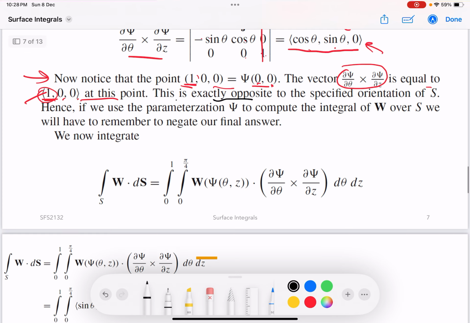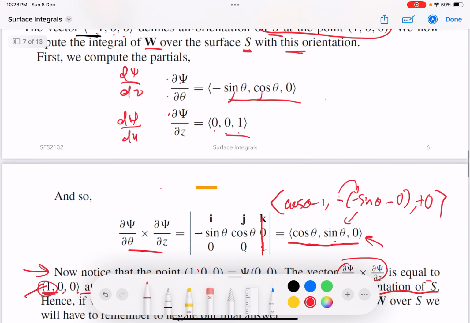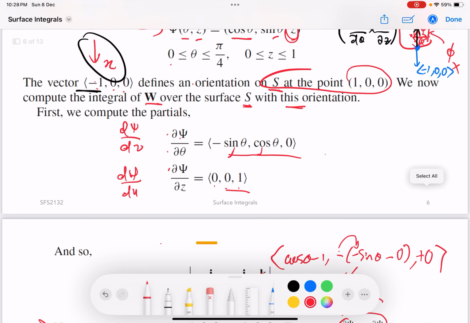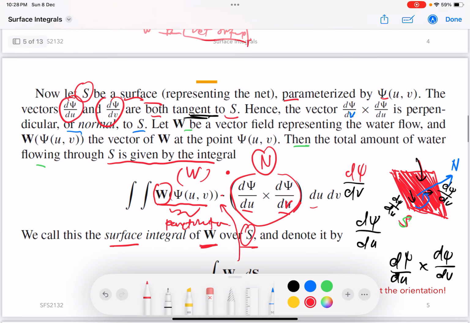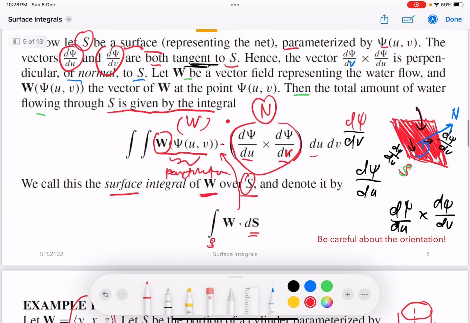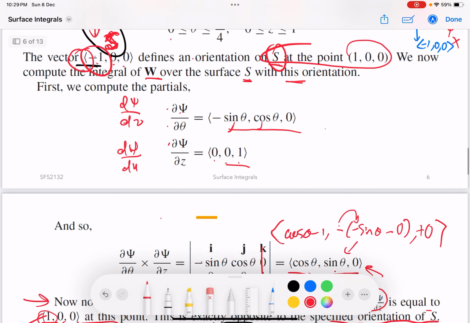This is exactly the opposite orientation of S. S should be in the negative x component, but our normal vector is in the direction of the cross product.